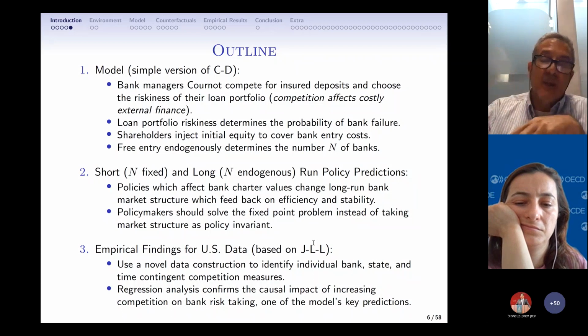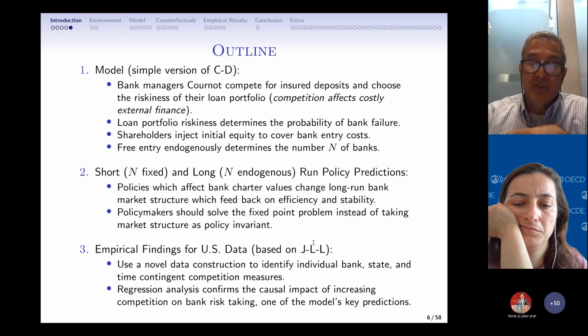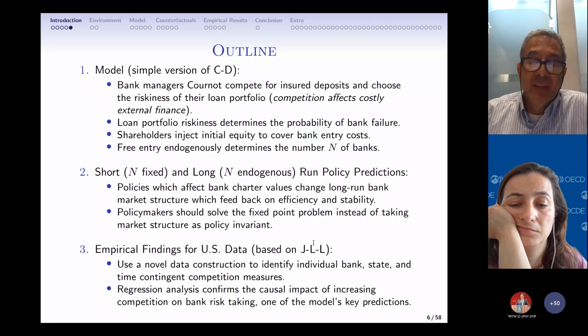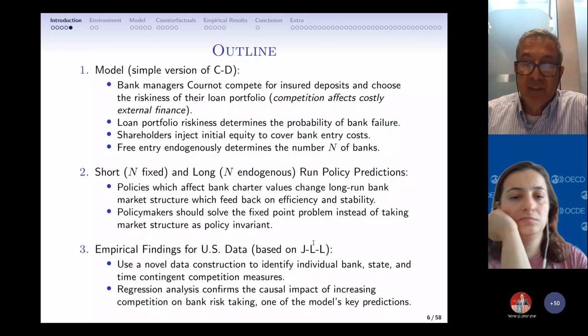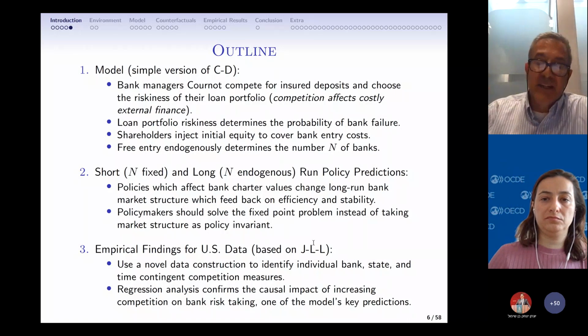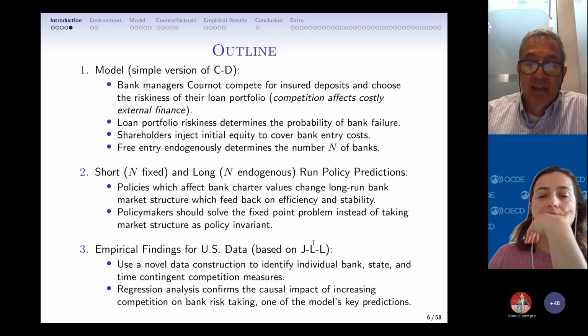And so we're going to regress a measure of bank risk, which is the volatility of equity returns, on different measures, including a measure of contestability or competition in the economy, and see what the implications are for stability. And I'll show you that the model generates the same predictions as the data that he has.